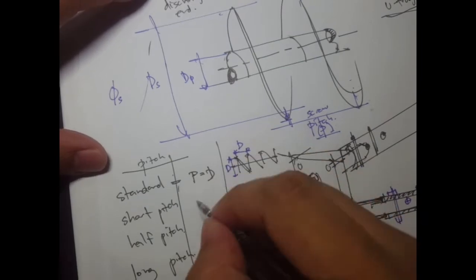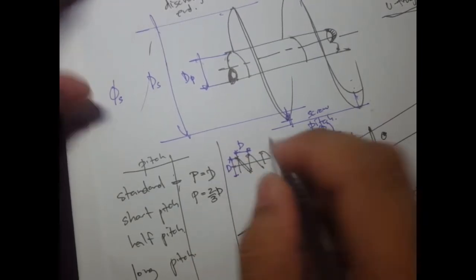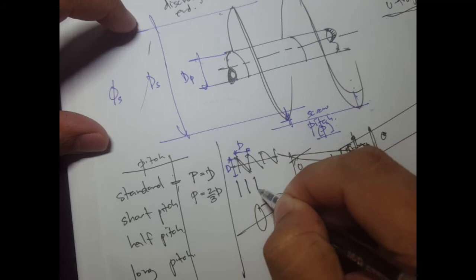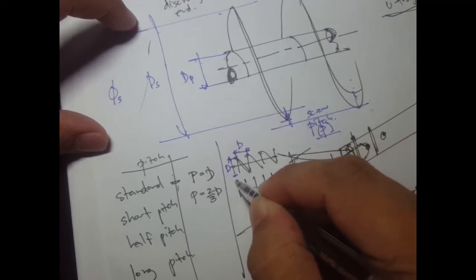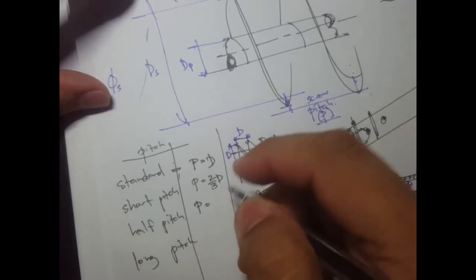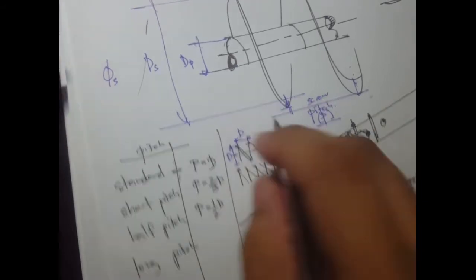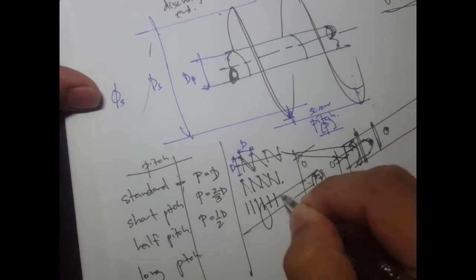Now for a short pitch, we have a pitch that's equal to 2/3 of the diameter. Maybe something like this, so a much narrower spacing. For half pitch, as the name implies, it's just 1/2 of the diameter, so you have an even narrower spacing.